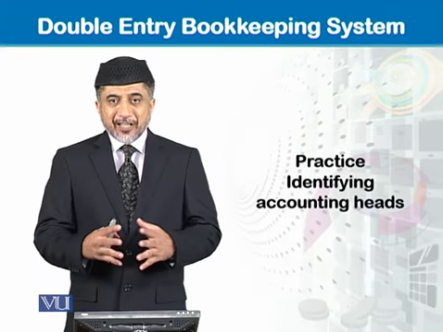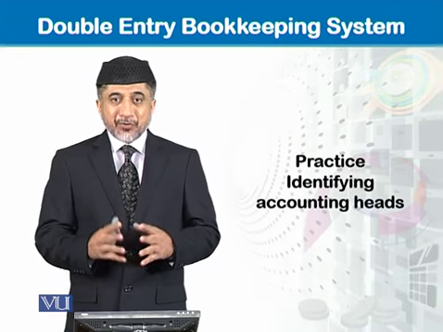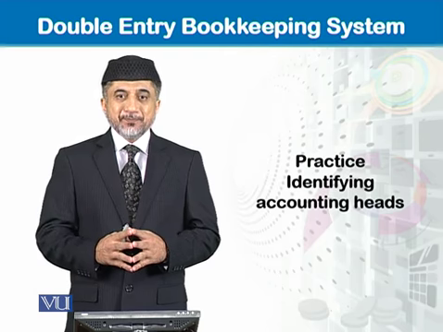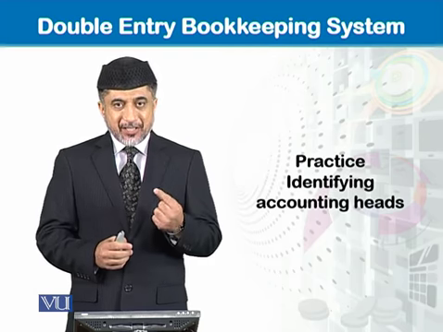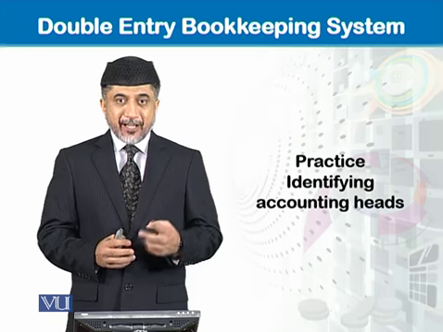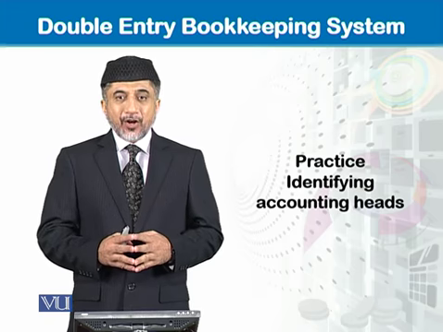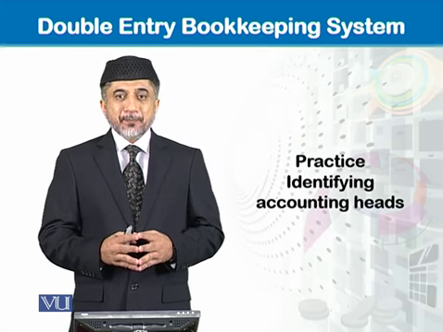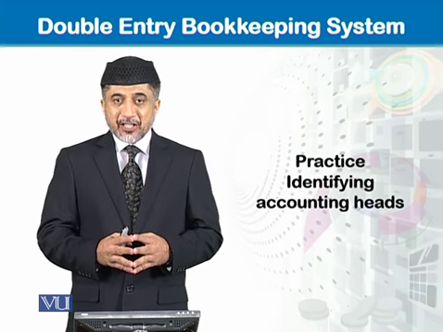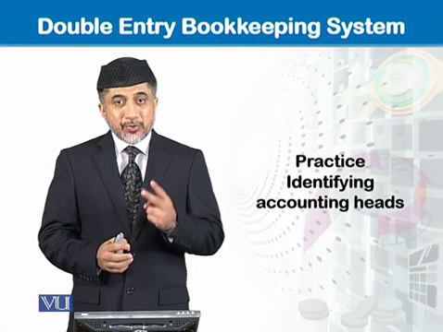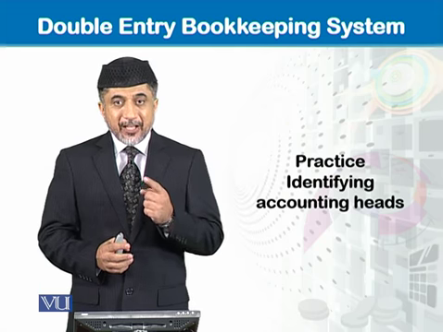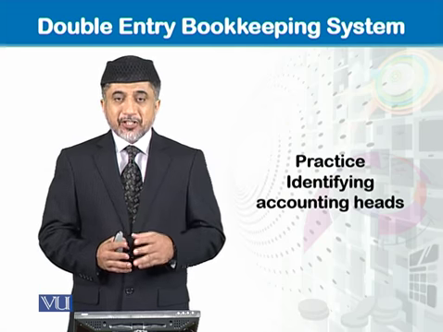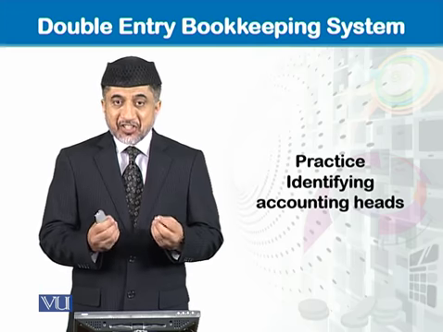Well, after understanding that each financial information carries debit and credit effect, now we will do a practice in which we will identify two accounting heads in each financial information or in each transaction.